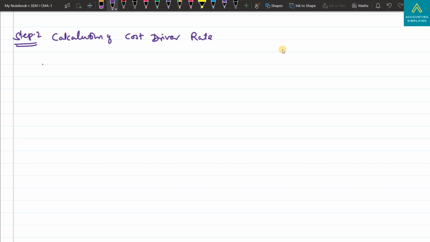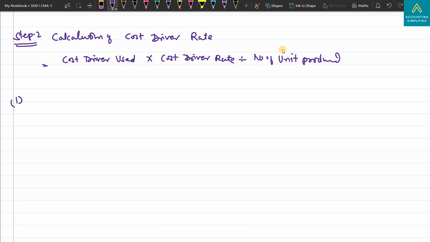So what is the formula? Cost driver used into cost driver rate, that is step 1, divided by number of units produced.